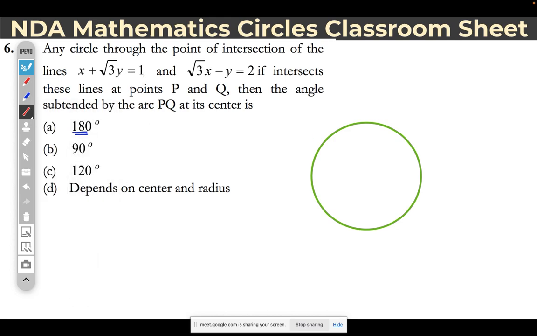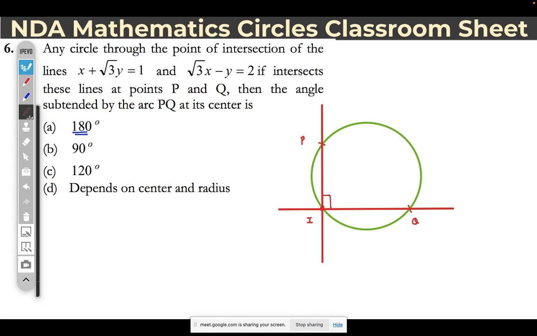If you observe carefully, are these two lines perpendicular? Right? Any circle through the point of intersection of this line and this line. This is the point of intersection. I will say if it intersects the lines at P and Q, then we know this is 90 degrees.